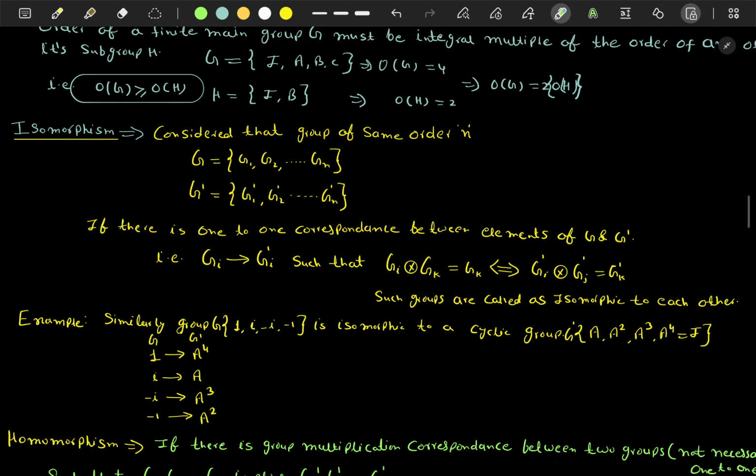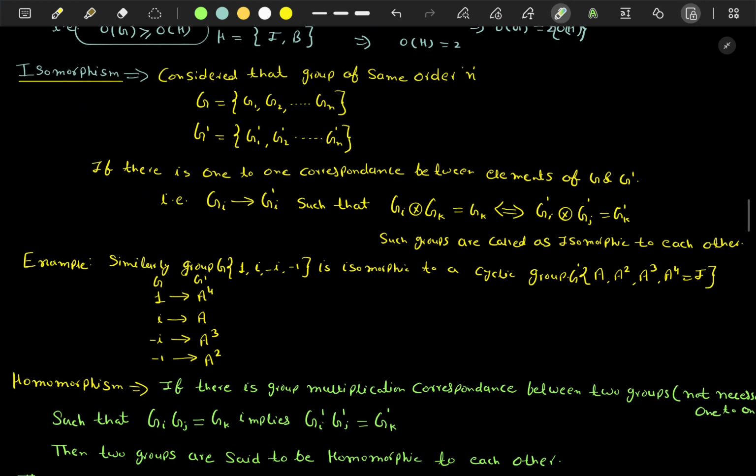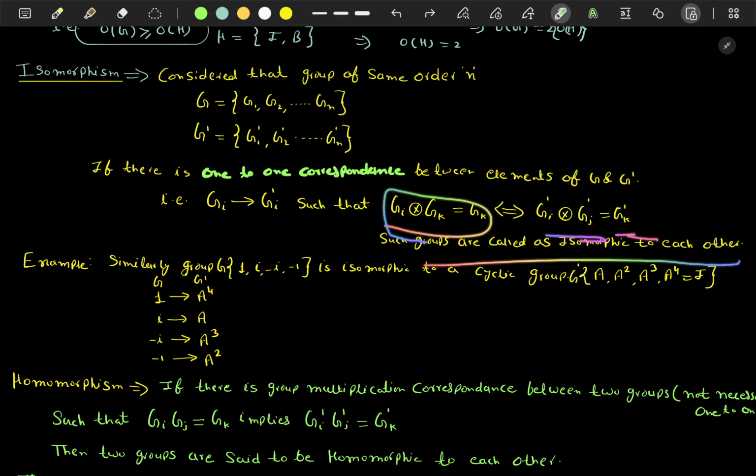Now isomorphism. What is isomorphism? Suppose these are groups, G and G prime. If there is a one-to-one correspondence between the elements of G and G bar, such that Gi operation Gj gives the same result as Gi bar operation Gj bar equal to Gk bar, such groups are called isomorphic to each other.